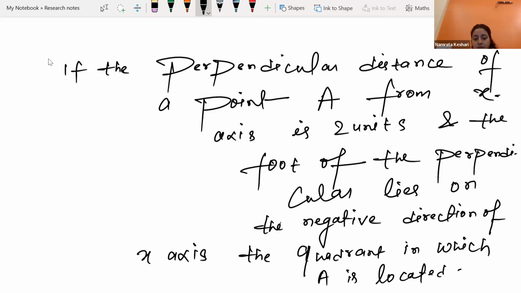Please read it carefully. Is it the second quadrant? Yes, is it the second quadrant?